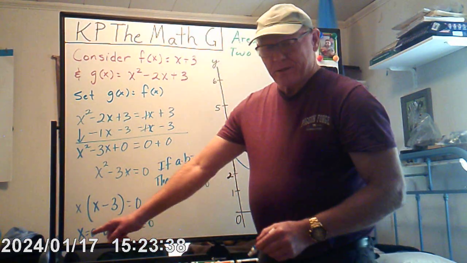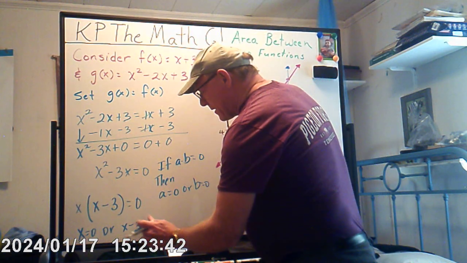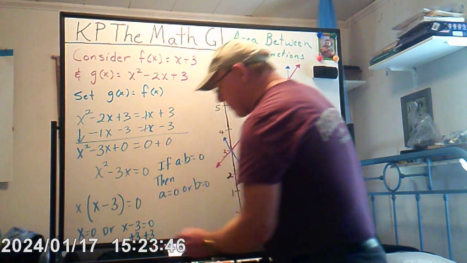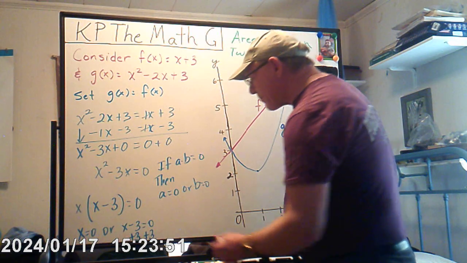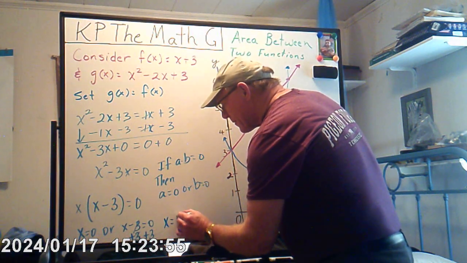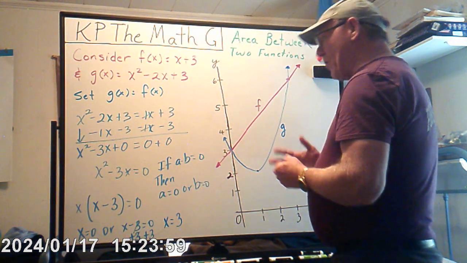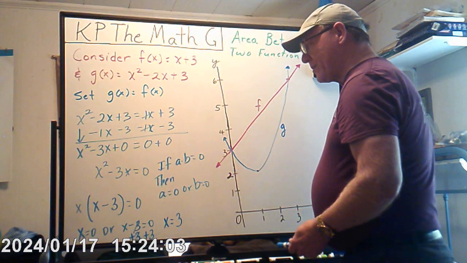We know what one answer is. X is equal to 0. Add 3 to both sides. You really probably don't need that step, but if you need it, that's fine. And so X is equal to 3. So I know where my X components are. X is 0 or X is 3.